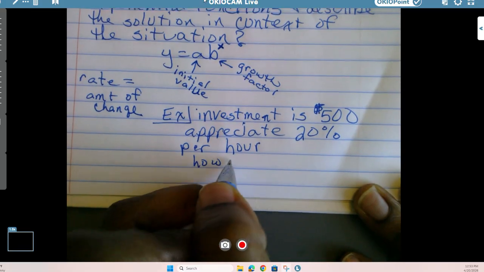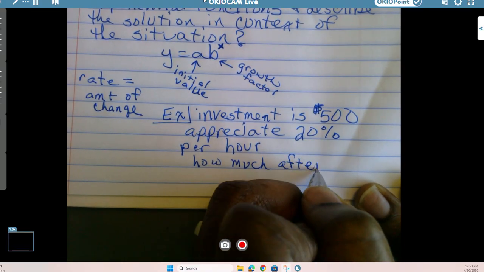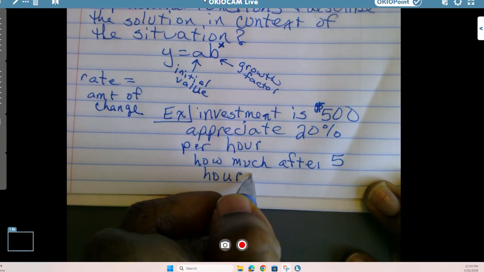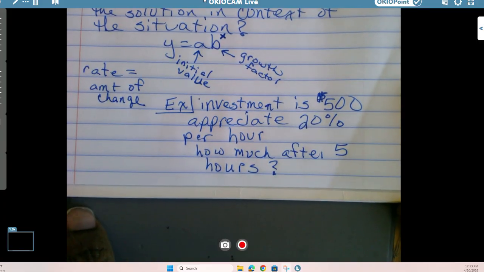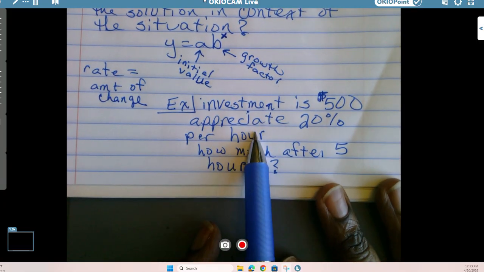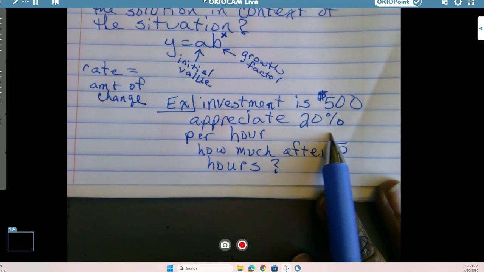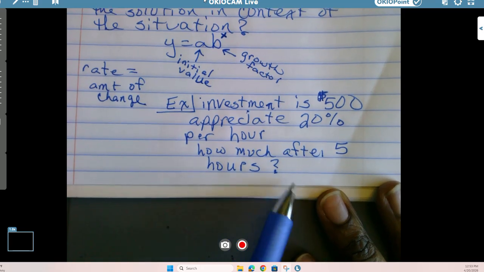How much will there be after 5 hours? This is a real life problem. It involves an exponential function because of that rate that it is growing, because of that factor, and we're going to describe the solution in context.